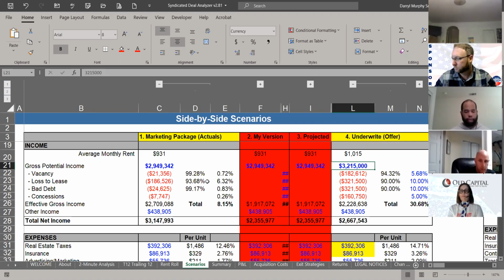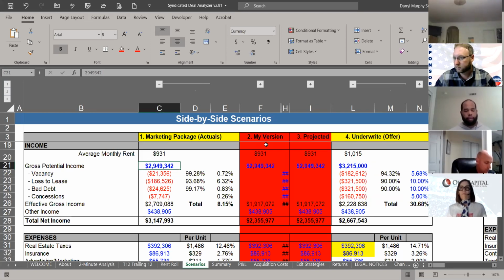If I see that he's at a 2.9 and I'm trying to get to here, what I'm going to do is subtract my market, my target GPI from this. And that's going to give me 265,658. That's what it's going to give me.